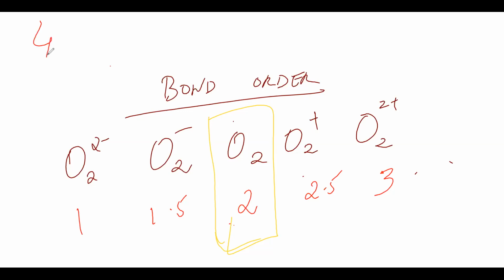This is question number 4, option C. You should only know the bond order of oxygen, and subtract 0.5. The difference of this is what? 0.5. Everything is 0.5. We need not do the entire thing here.